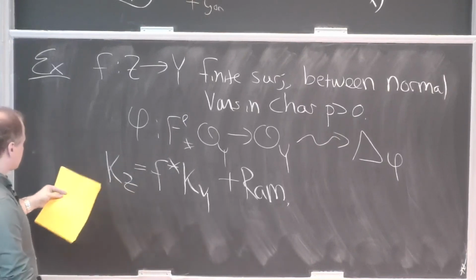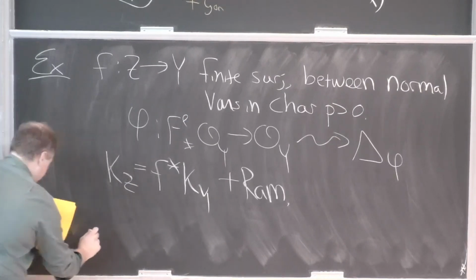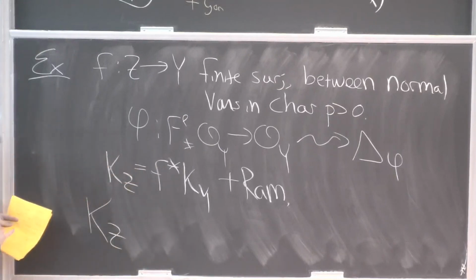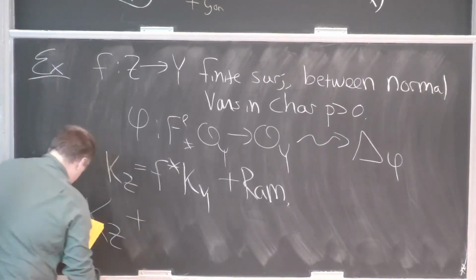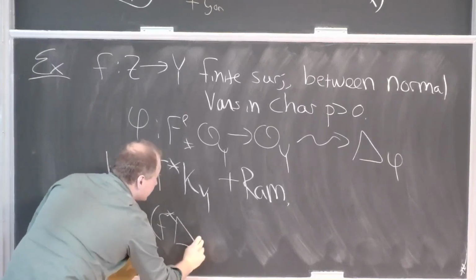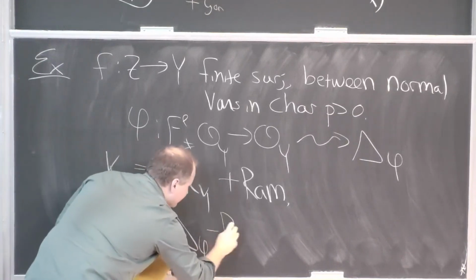And then I can rewrite this formula right here as K_Z plus pullback of delta phi, minus the ramification divisor.